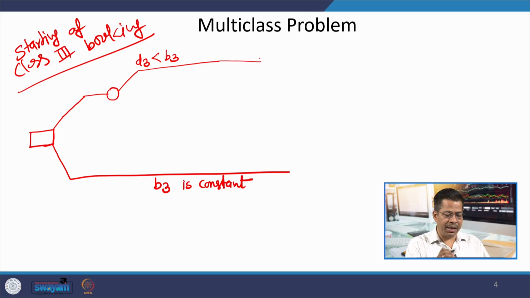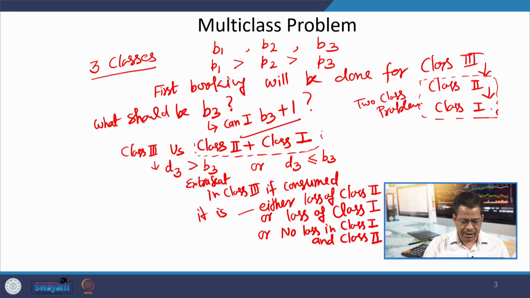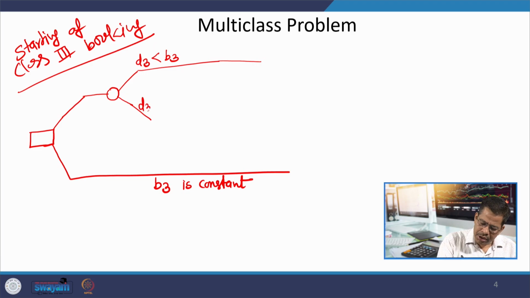The other possibility is that demand D3 is more than B3, and if D3 is more than B3, there are three possibilities as we just identified.